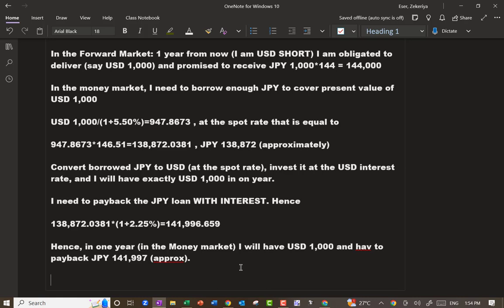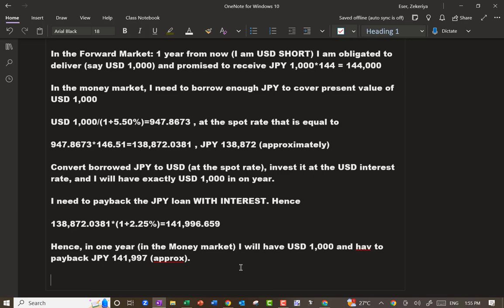So I'm obligated to pay $1,000. Do I have $1,000 that comes from the money market? By construction, because I borrowed yen now, converted it into dollars, invested that for 1 year, and I calculated that amount precisely so that I will have $1,000 1 year from now.